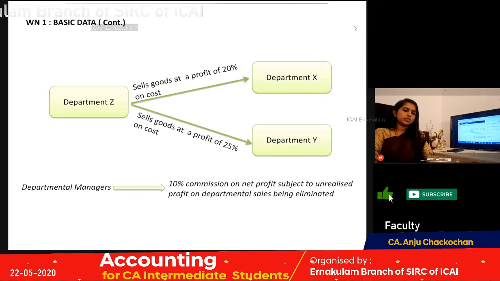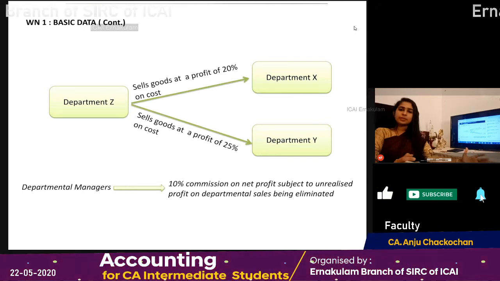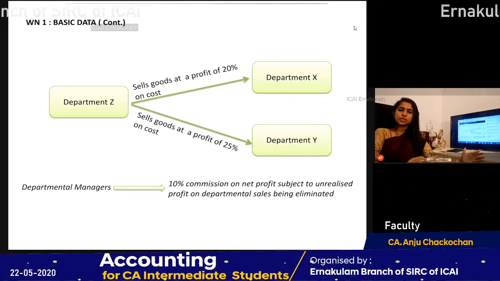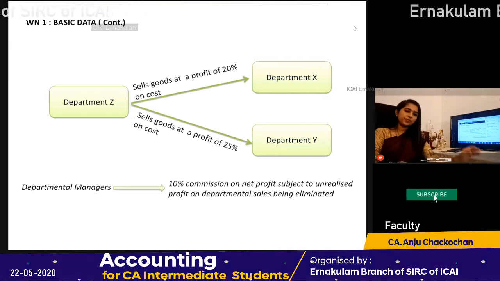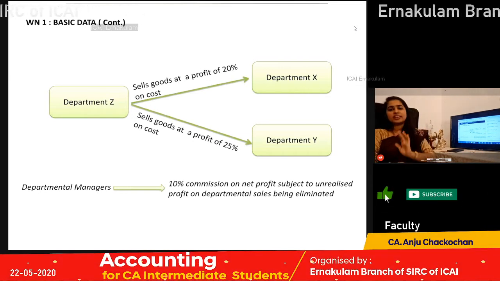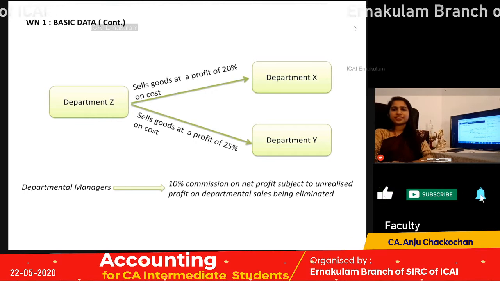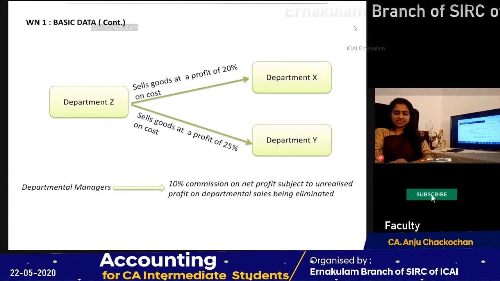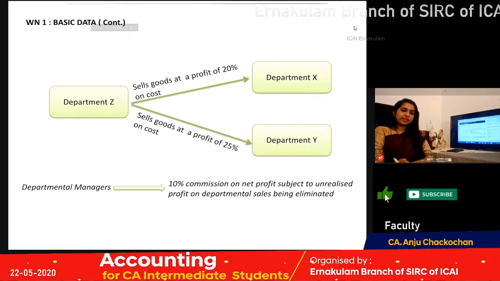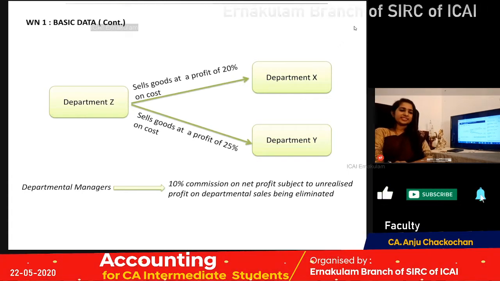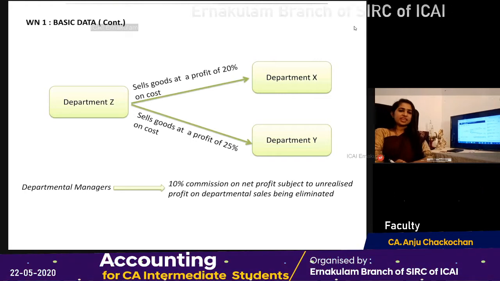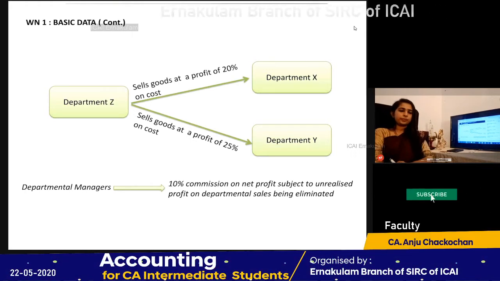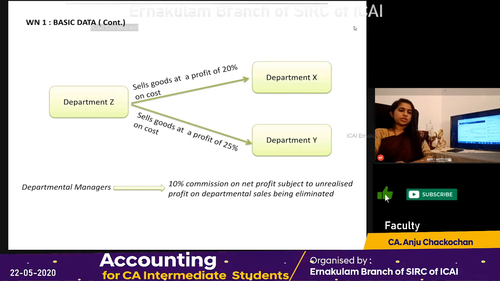Once you're done, please drop in messages. This is the basic data. We've seen similar adjustments many times. Okay. Good, good. Everybody, yes, good, good going. Everyone, please respond.